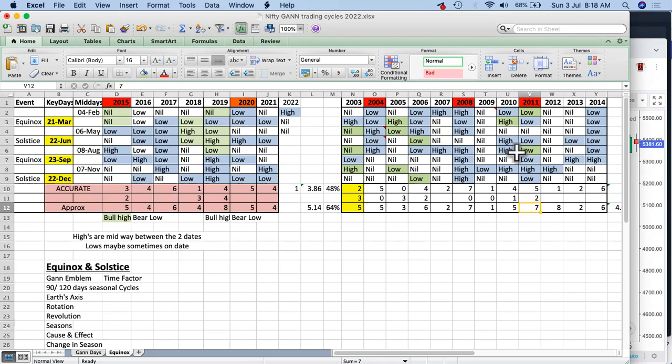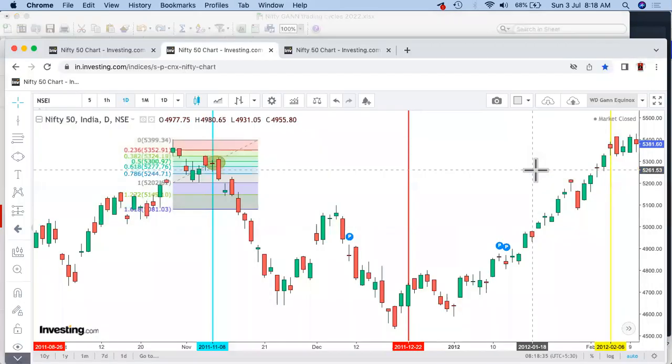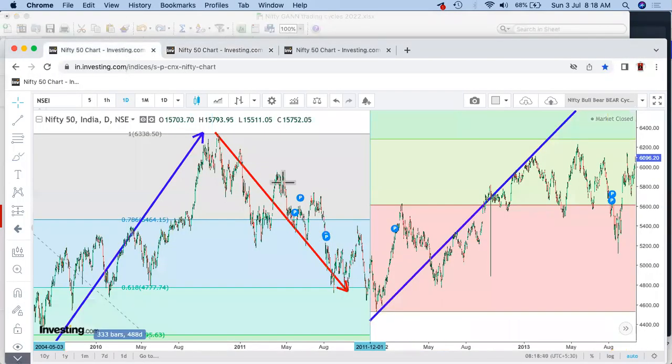We'll go to the next date, which is of 2012. So I marked the red one with the bear cycle. Let me see if this was the low. Yes, somewhere around November 2011 was a low.